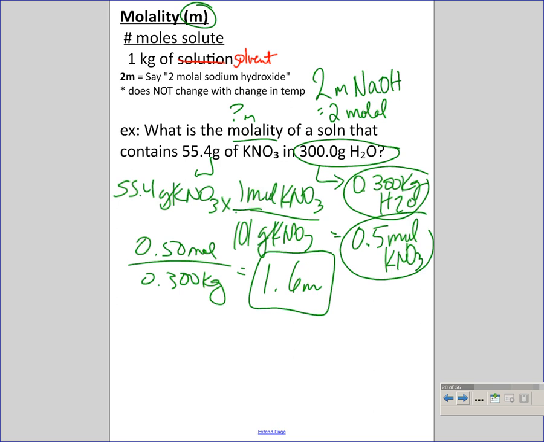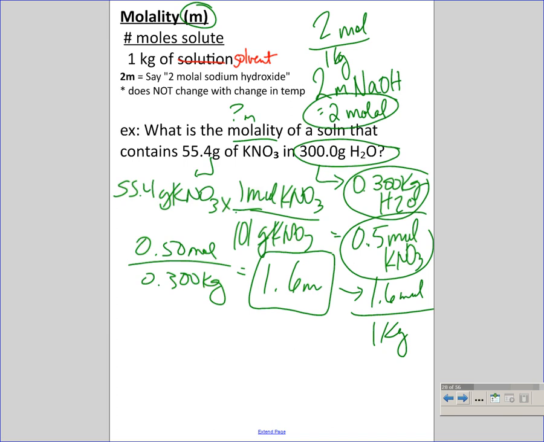If I give you a 2 molal solution, you're going to assume that's 2 moles per 1 kilogram. So that's if you start with a number like this. If you're calculating it yourself, you put numbers you specifically got, and then this is understood to be 1.6 moles per 1 kilogram. But this is literally how much we had, so we had to use that.